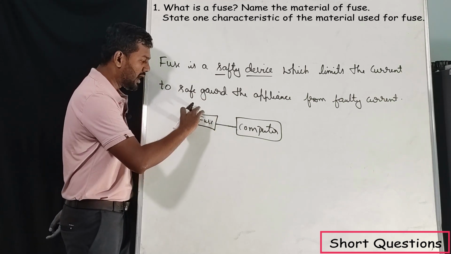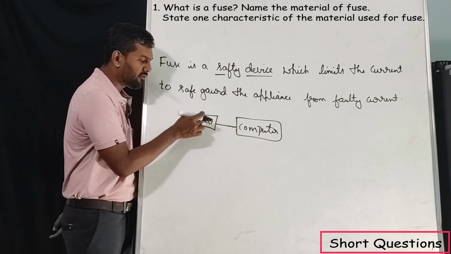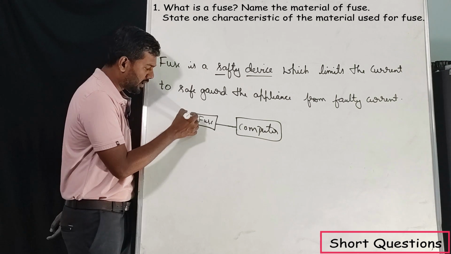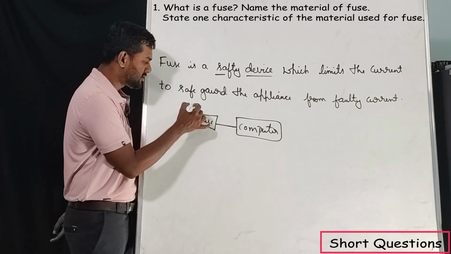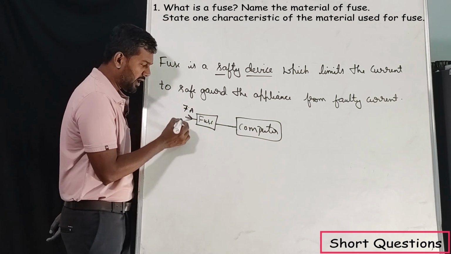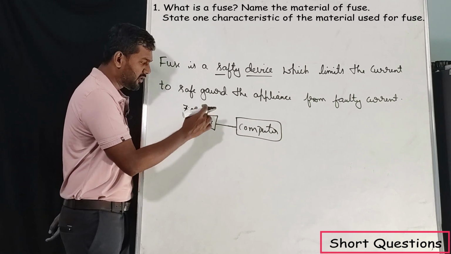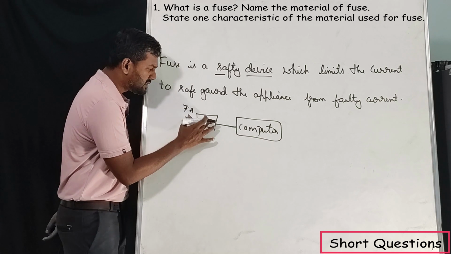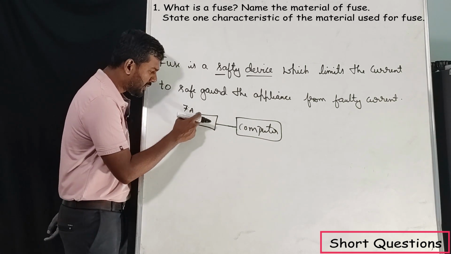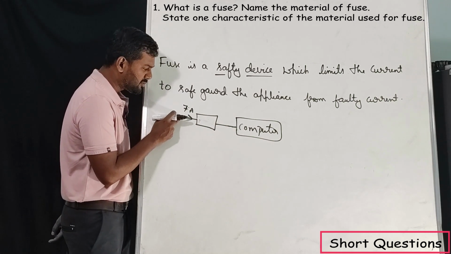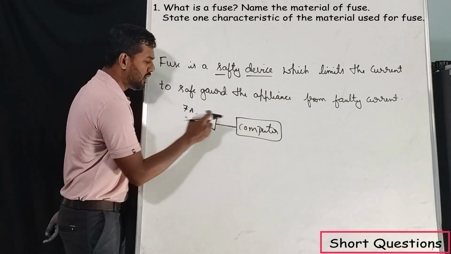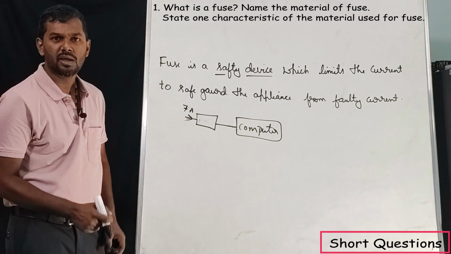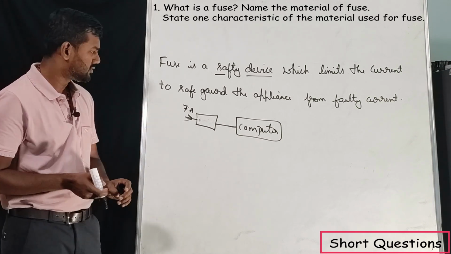So I'll take the 5 ampere rated fuse and insert it here, so that whenever a current having more than 5 amperes, assume 7 amperes, enters the wire, this fuse will melt. There will be a metal inside it. This will melt. Whenever this metal melts, there is no connection between this part and this part, so there will be no current flowing through it, and the computer will be safe. This is how the fuse works.